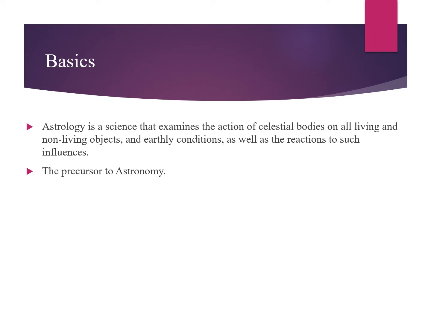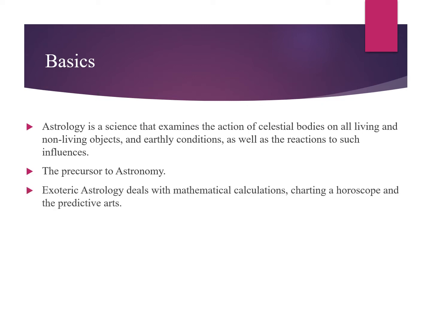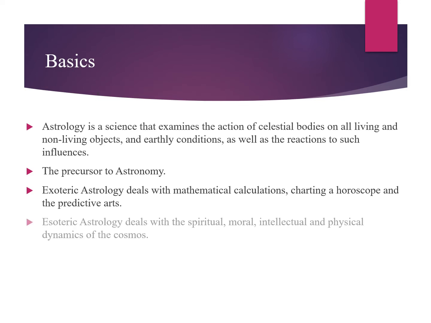Of course, astrology is the precursor to astronomy. Now, exoteric astrology deals with mathematical calculations, charting a horoscope, and predictive arts. The esoteric astrology deals with the spiritual, moral, intellectual, and physical dynamics of the cosmos, and this is more of what we will be looking at.